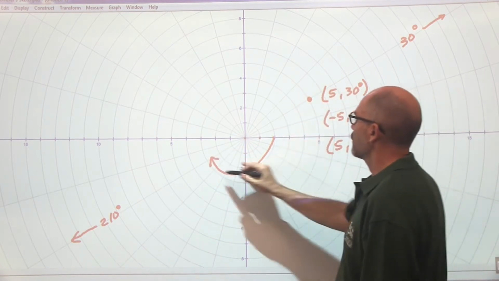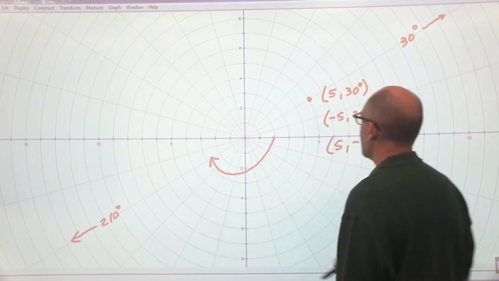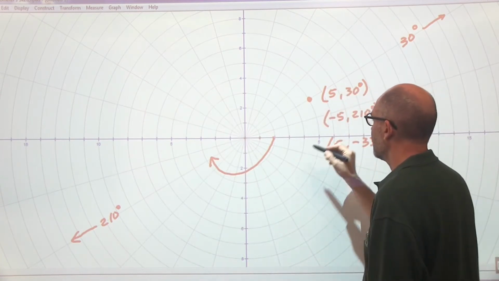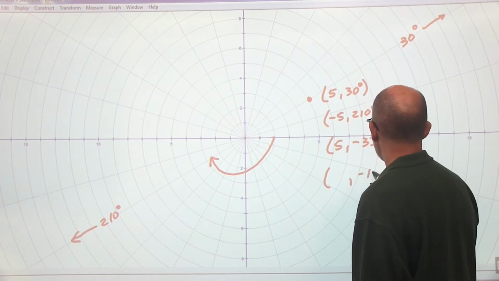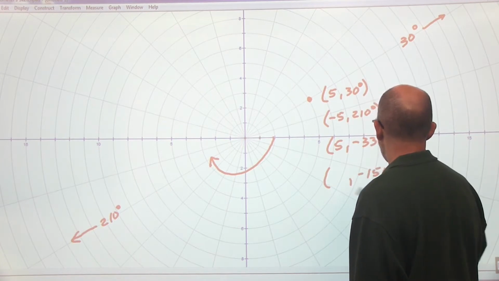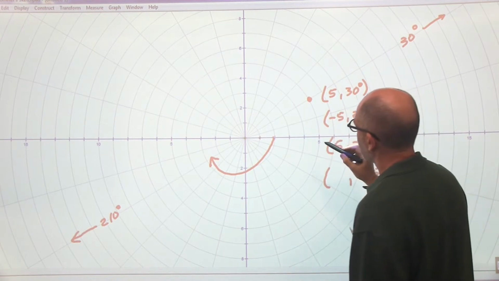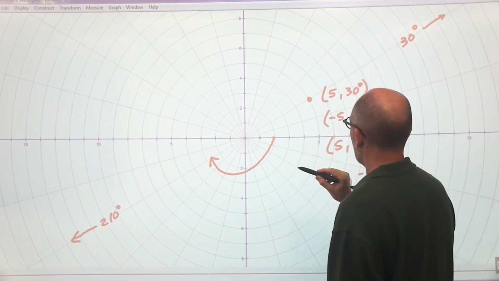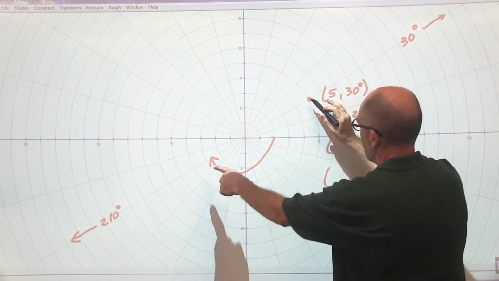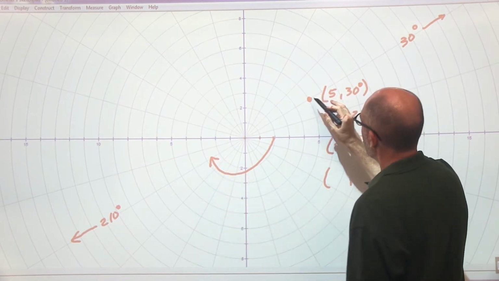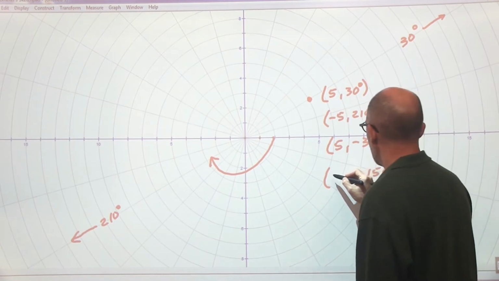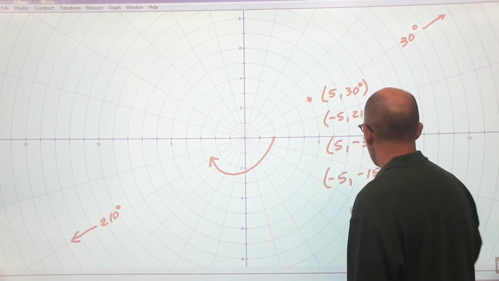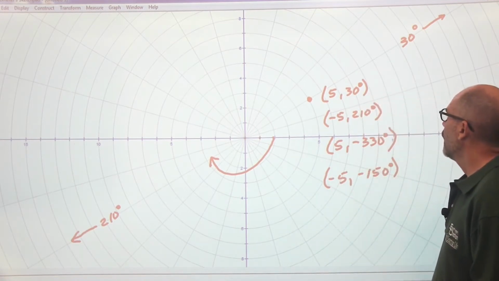Well, that's 30 degrees short of 180, so that's going to be negative 150. So negative 150, but notice the point is 5 in the opposite direction from negative 150. That makes it negative 5 at negative 150.